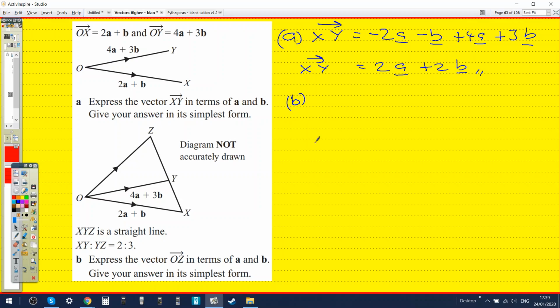Express the vector OZ. Okay, so if XY is 2/5 of XZ, then 2/5 of 2A plus 2B. Hold on. XY is 2/5 of XZ, and so what is XZ in terms of XY?